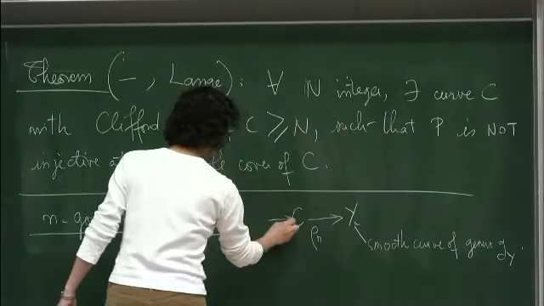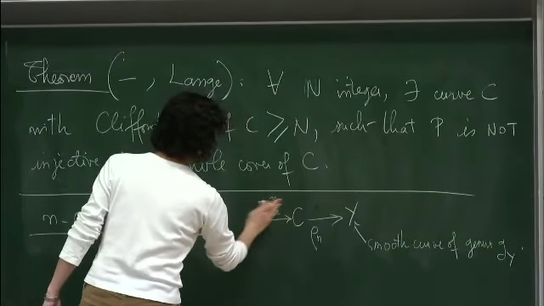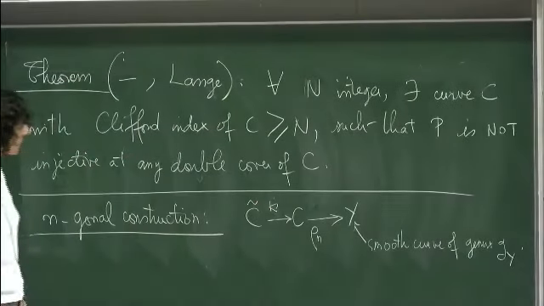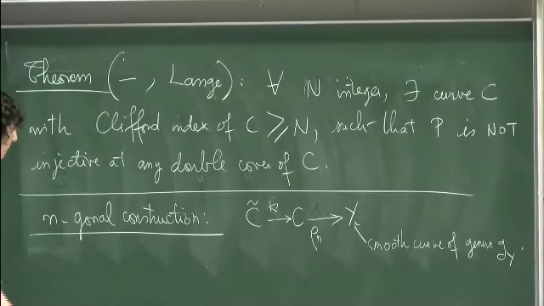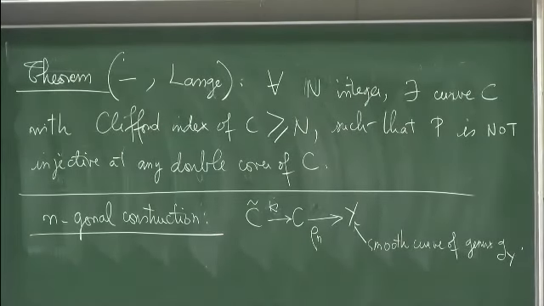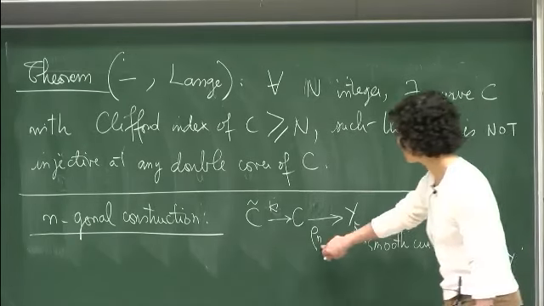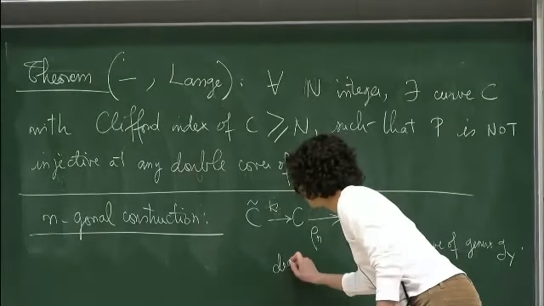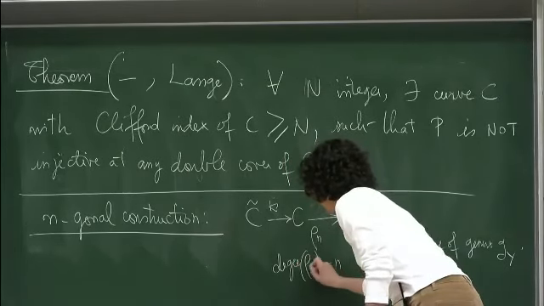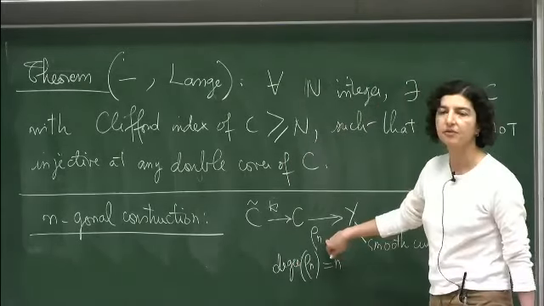And I have my double cover, sorry, that was kappa, from C tilde to C, which I called kappa. And if you have a tower of curves like this, you can construct another curve. So rho_n is degree n? Degree n, yes. The rho_n is degree n. And I will also assume that it's simply ramified.